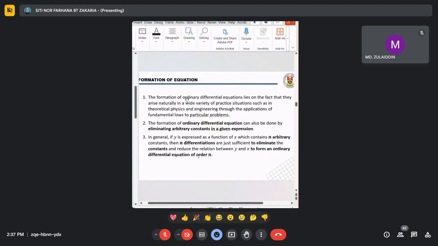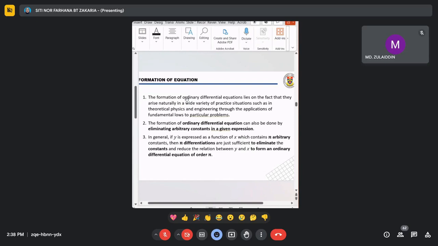Means that kalau you diberi function yang ada arbitrary constant, so mesti you wondering how many times you need to differentiate to form the correct differential equation, right? So it depends on the number of arbitrary constants. If you have only one arbitrary constant, then you need to differentiate once only.